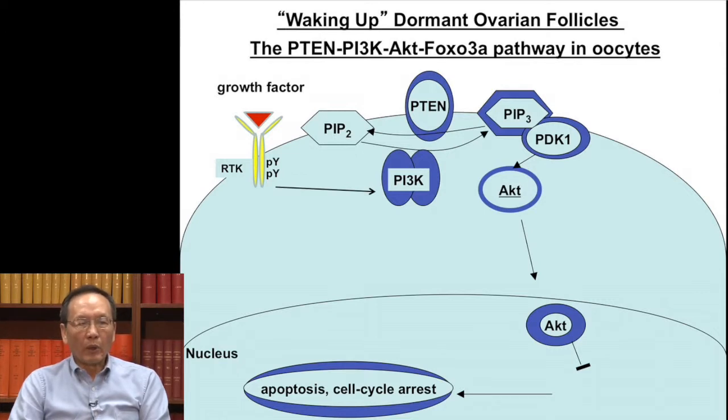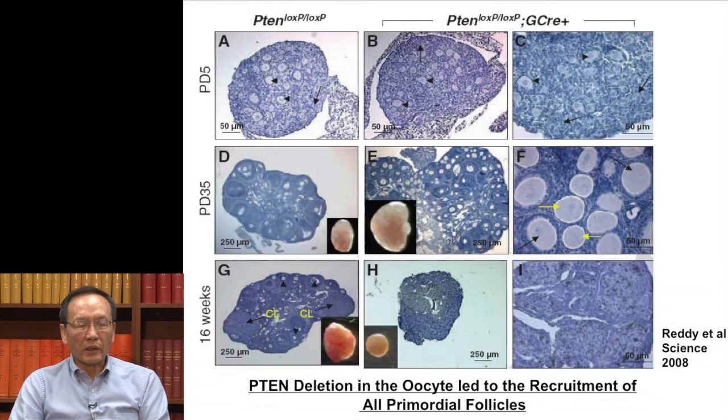So what people have done is to perform oocyte-specific deletion of the PTEN gene, as shown in this slide, published in 2008. This is Reddy et al., published in Science. The next slide shows that in this paper, they demonstrate what happens if they take away the PTEN gene.